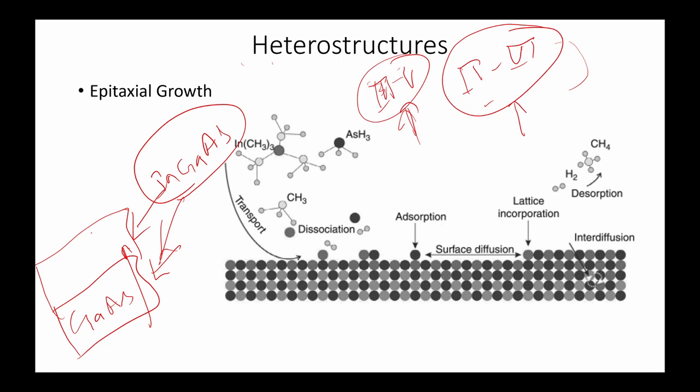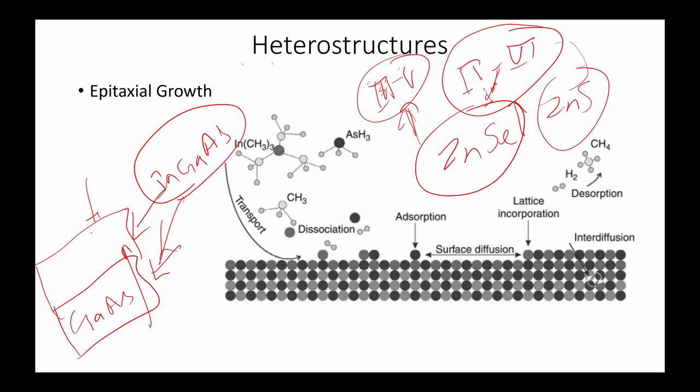So epitaxial growth cannot happen from zinc selenide or zinc sulfide. Zinc selenide is from the 2-6 group, and zinc sulfide is another semiconductor from this 2-6. Okay, now we can grow indium gallium arsenide.